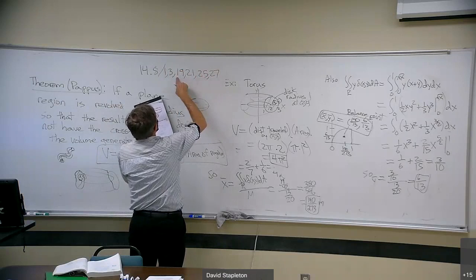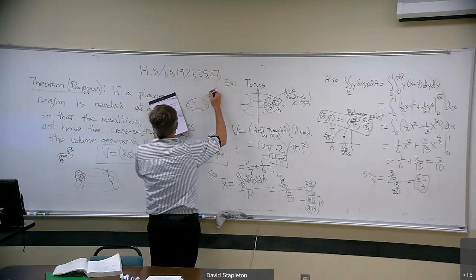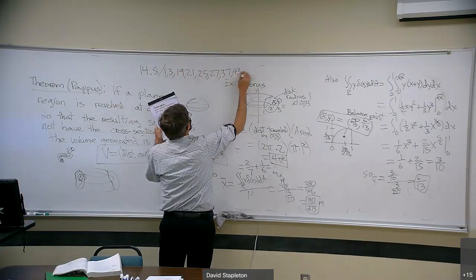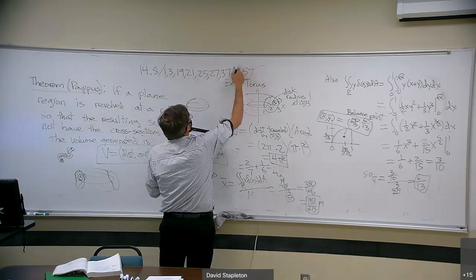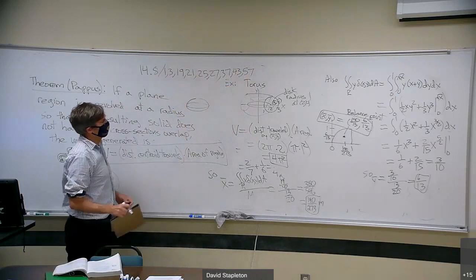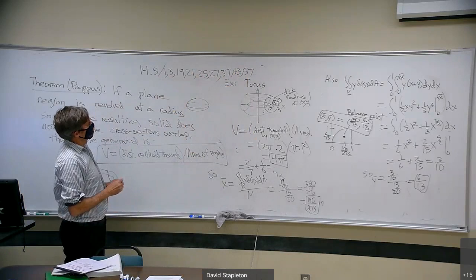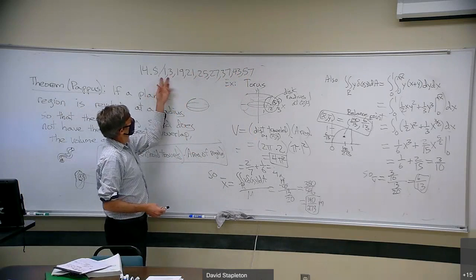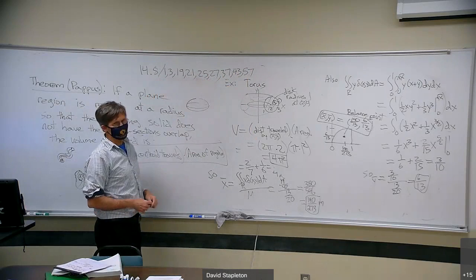There's a bunch of theoretical questions in between, but they weren't worth it. They weren't good questions. 37, 43, and 57. These last ones are the theorem of Pappus. The earlier ones are finding center of mass and centroid for plane regions, and then there are some in the middle with 3 dimensions that we haven't done yet.